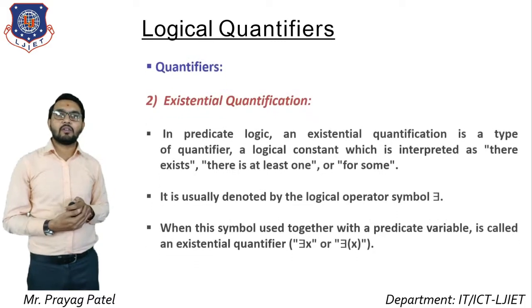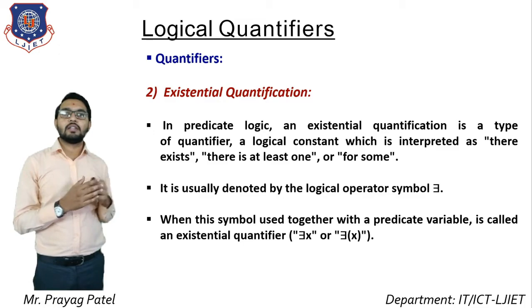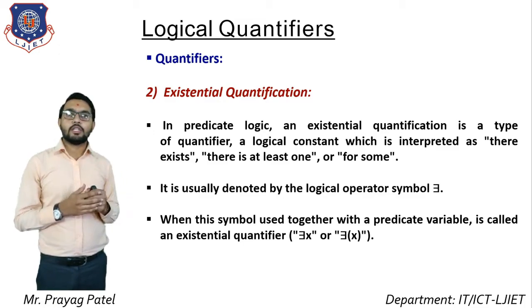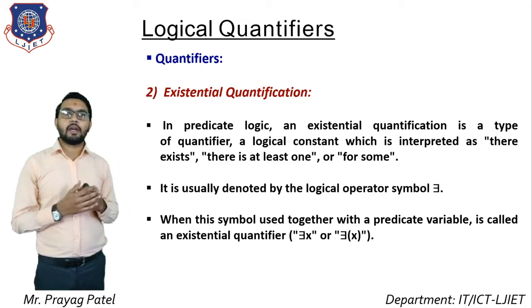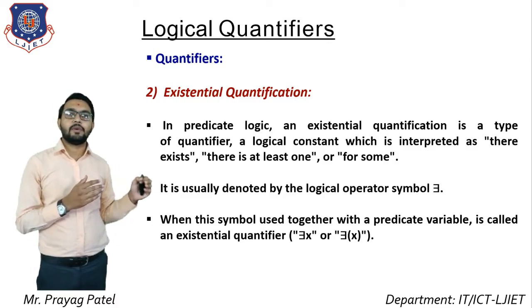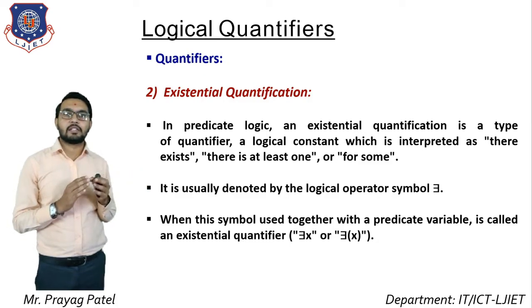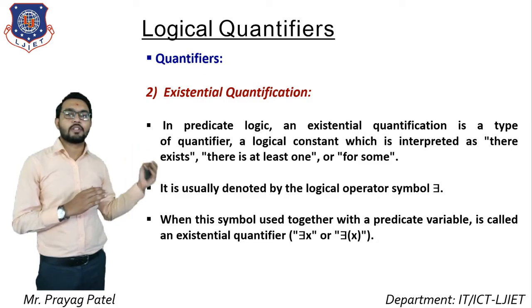Now consider the second quantifier, the existential quantifier. In predicate logic, an existential quantifier is a type of quantifier, a logical constant which is interpreted as there exists, or there is at least one, or for some value.